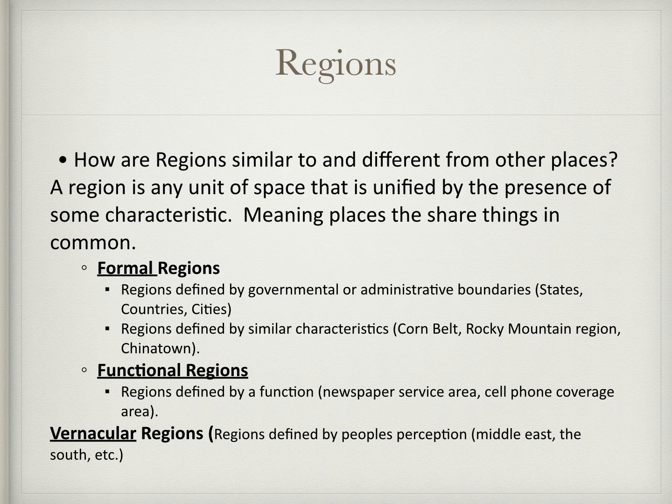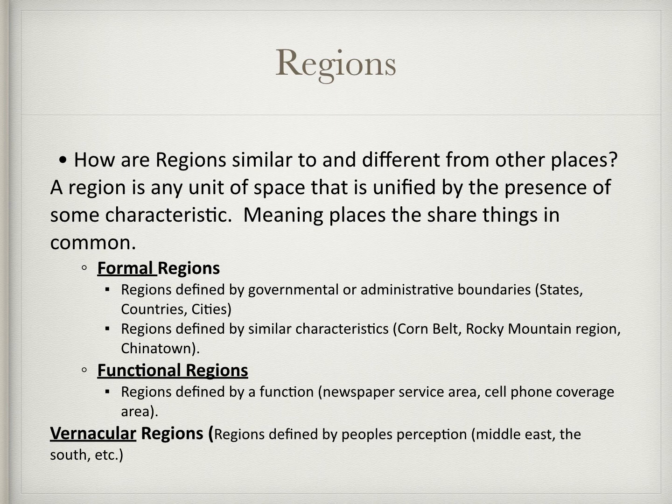Then you have regions, and that's how regions are similar to and different from other places. You have your formal regions, which are defined by governmental or administrative boundaries, like states, countries, and cities, and by similar characteristics. Then you have your functional regions, defined by a function such as newspaper service or cell phone coverage.